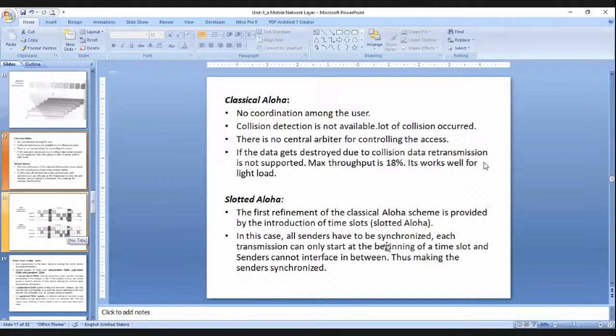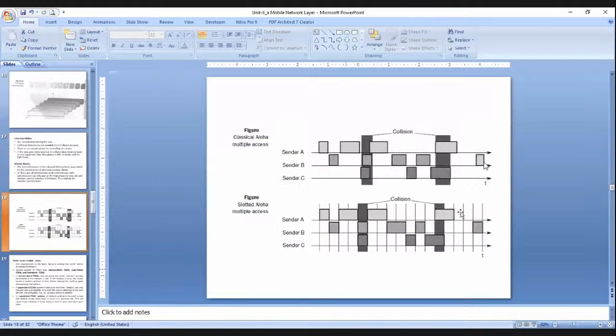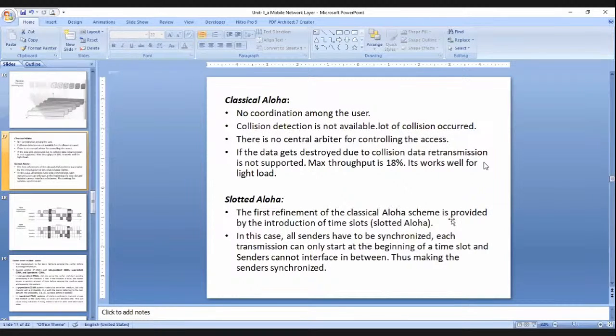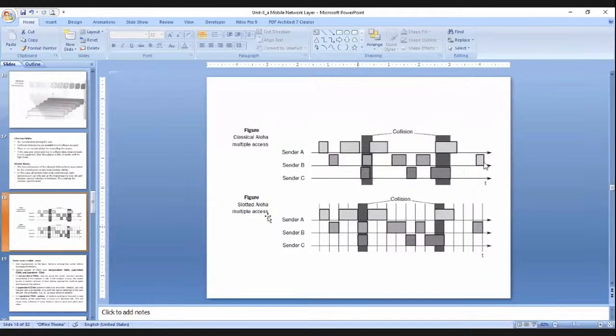See, sender B and sender C are sending as per the time slot, and also sender A and C are sending as per the time slot. So he has just divided the same diagram above in the form of time slots. That's it. It doesn't overcome any issues. They just introduced the concept of time slots, so it doesn't give any benefit over classical Aloha. The drawbacks still persist in the same way.